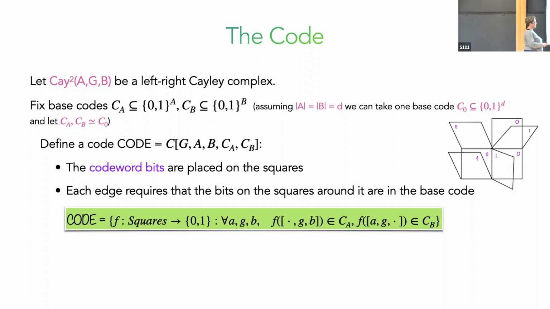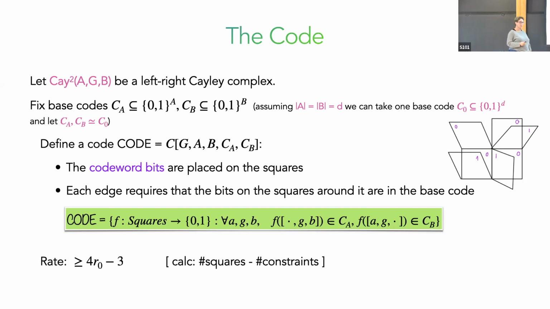And for every choice of A, G, and B, when you fix G and B, so you're fixing an edge between G and GB, and then when you range A over all the possible elements of capital A, you want this to be CA. And similarly for edges of the A type. So that's your code. Now you need to start finding out what the properties of this thing are.